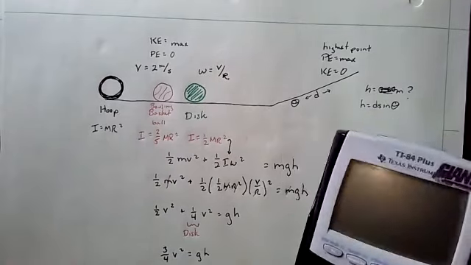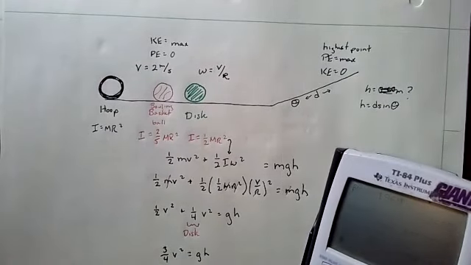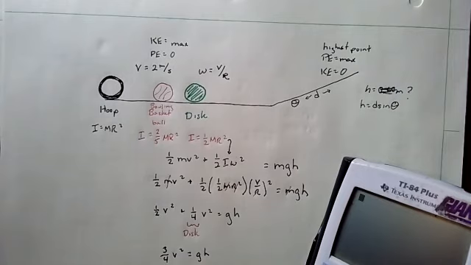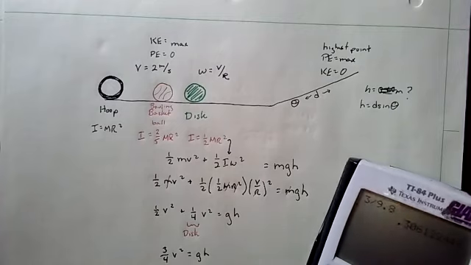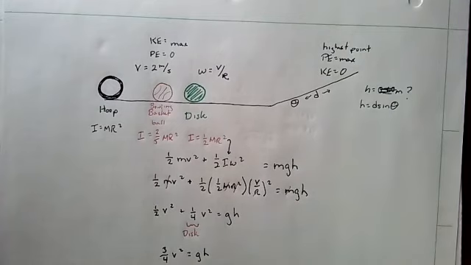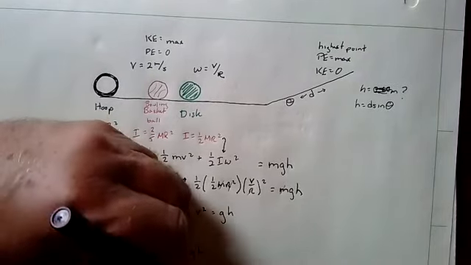And now we'll just solve really quick. 2 squared is 4, of course, so that's 3. So the answer is just 3 divided by 9.8. And I get 0.306 meters.